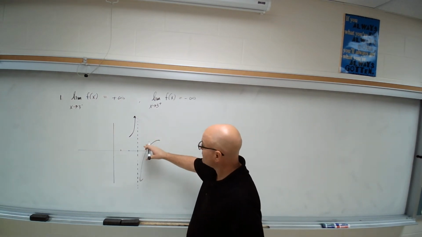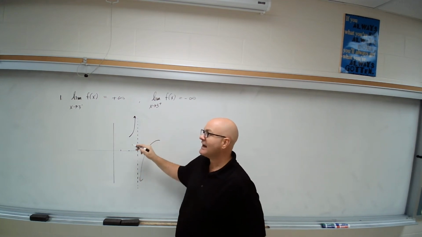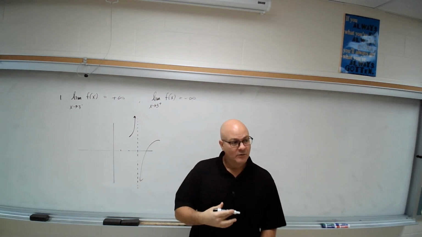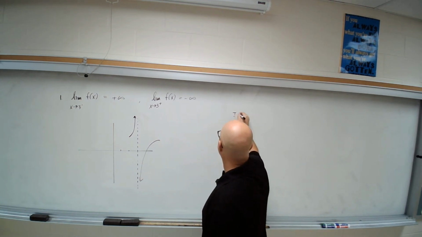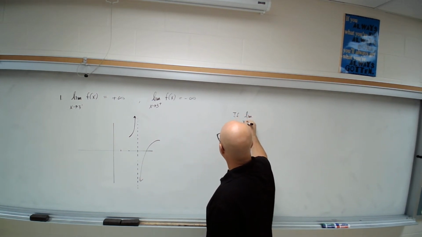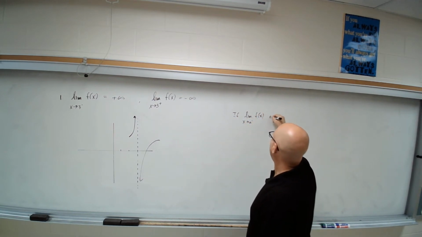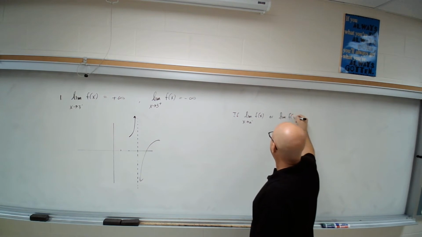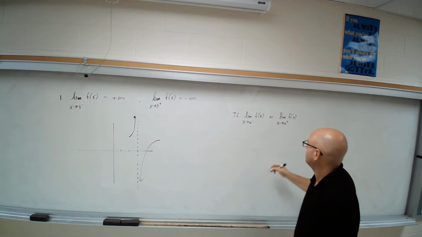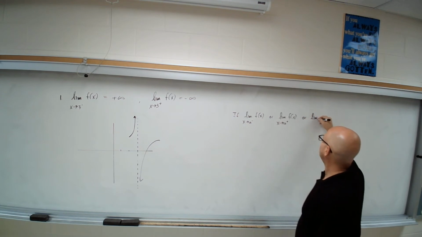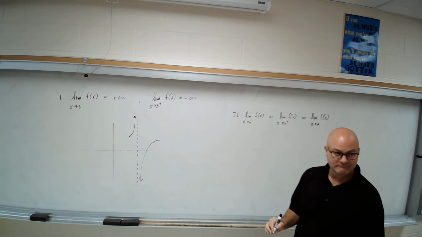So what that shows us here is, if either side goes to infinity, we're going to have a vertical asymptote. Okay, so if the limit as x approaches a from the left of f of x, or the limit of f of x as x approaches a from the right, or if the limit of f of x as x approaches a, right?